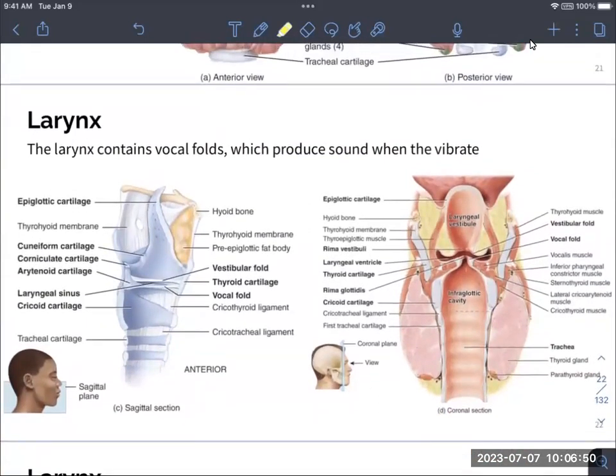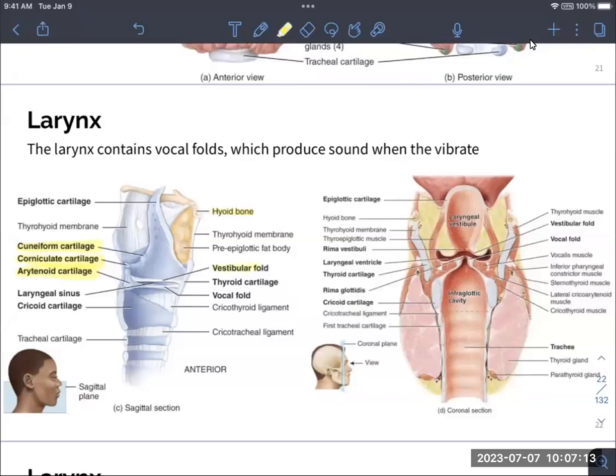If we slice it down the middle, we can start to see what is happening inside. Again, we start with the hyoid bone at the top. We have the cuneiform cartilage, the corniculate cartilage, and the arytenoid cartilage.